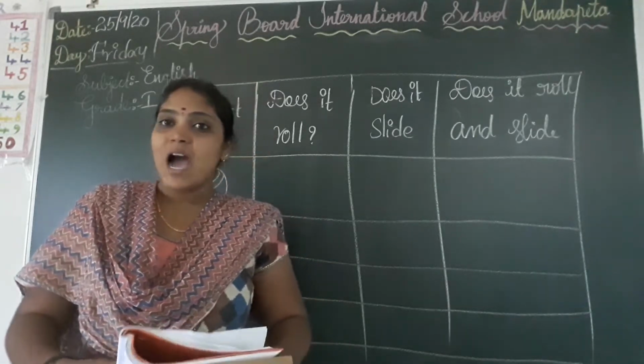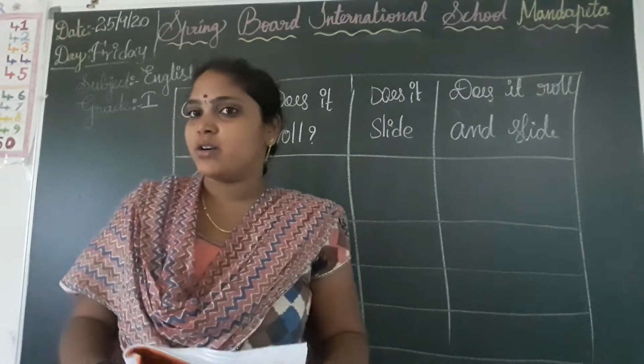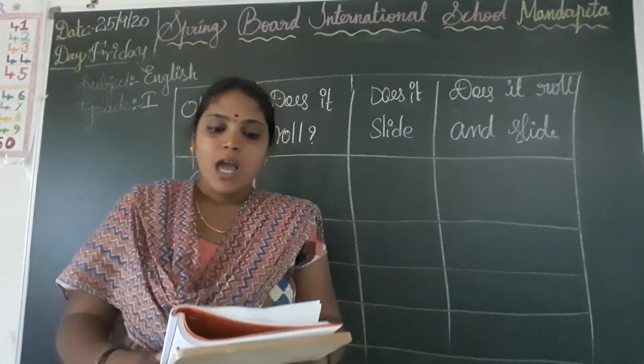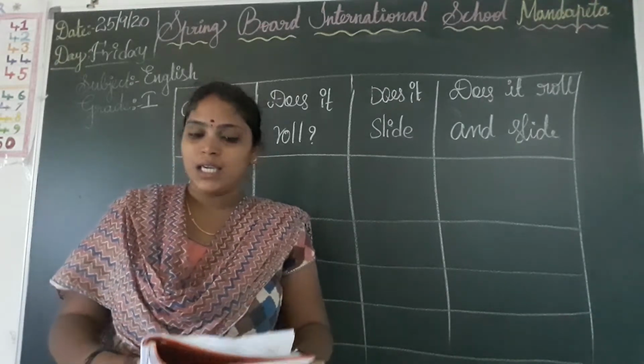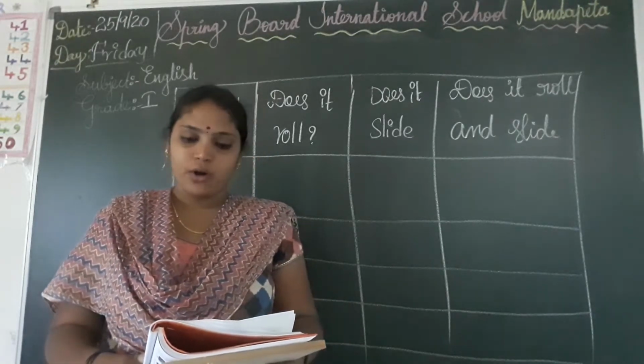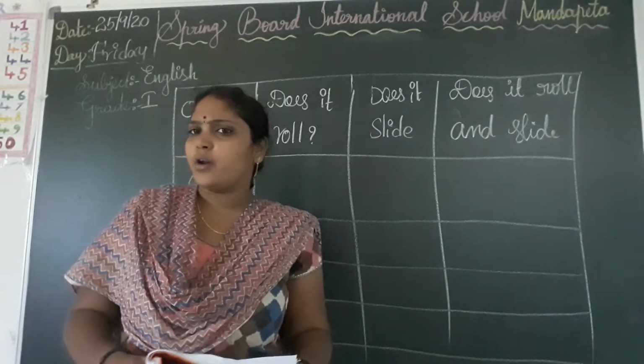So here this is the hands-on activity. So I am reading the question. Listen carefully everyone. Follow the instructions given by your teacher to see which of the objects roll, which of them slide and which of them roll and slide.